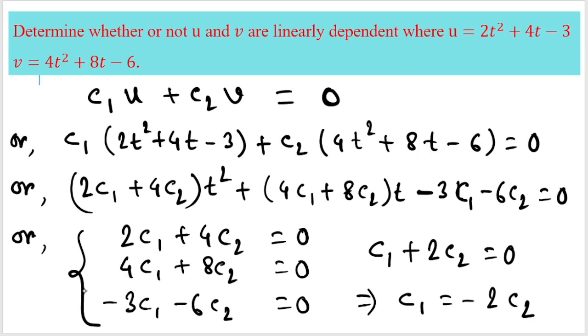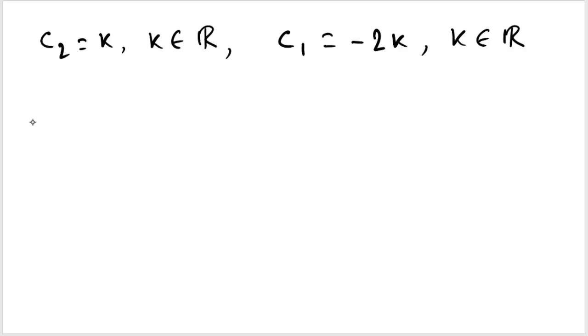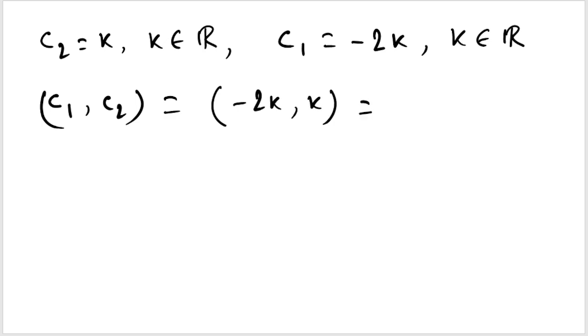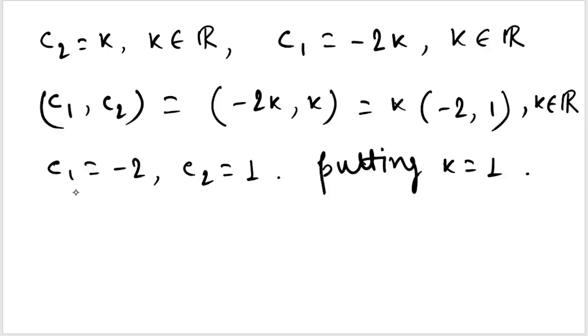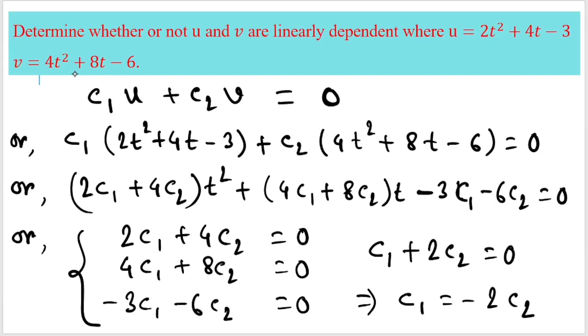Therefore, this system has infinitely many solutions, and the given polynomials are linearly dependent. We'll take one solution: if we take C1 equal to minus 2 and C2 equal to 1, then we can see that the given polynomials are linearly dependent.